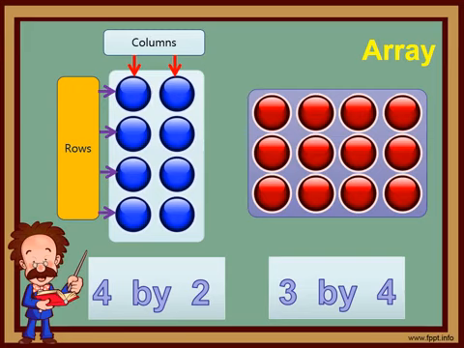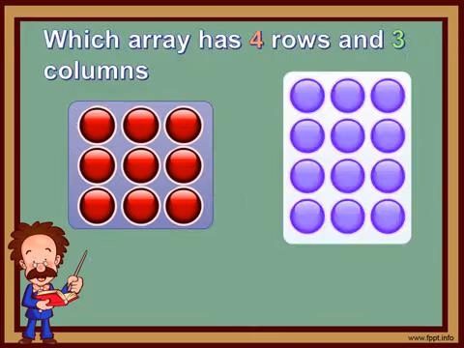Okay? This is what you took before. What else did you take before? Now, which of these arrays has 4 rows and 3 columns? This has 1, 2, 3 columns, but it has 1, 2, 3 rows. Not this one. Is it this one?